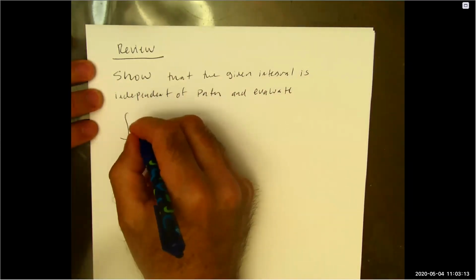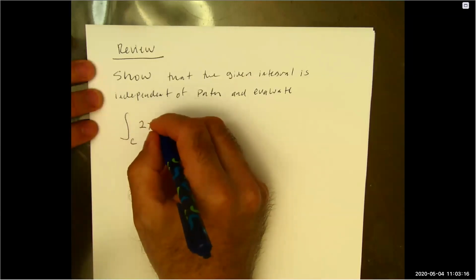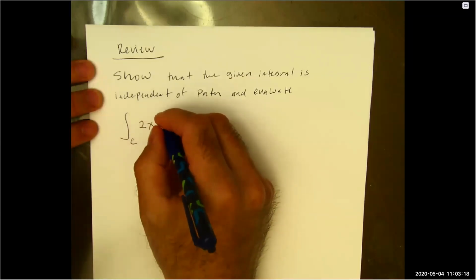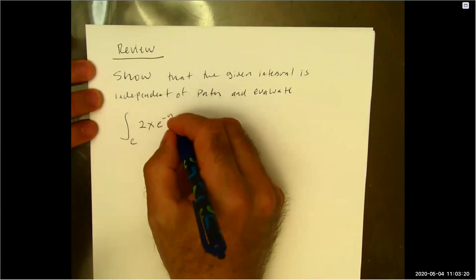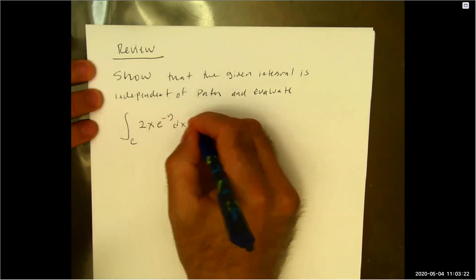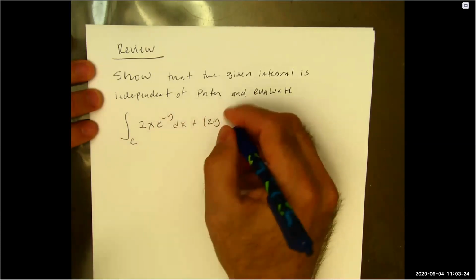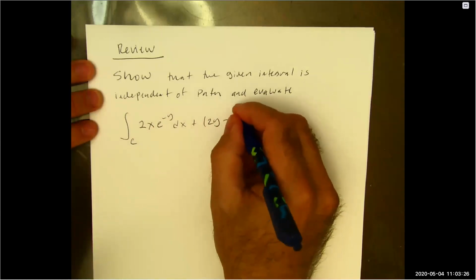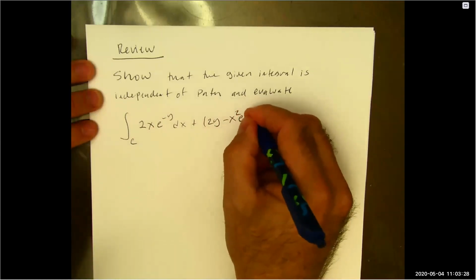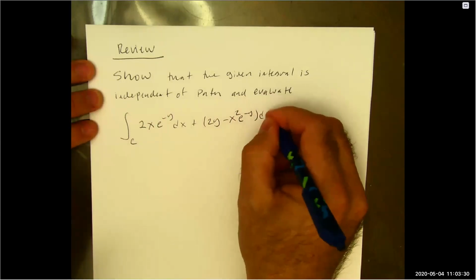So we're going to have 2x e to the minus y dx plus 2y minus x squared e to the minus y dy.